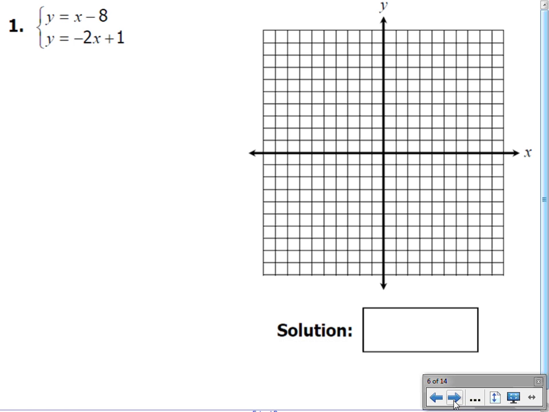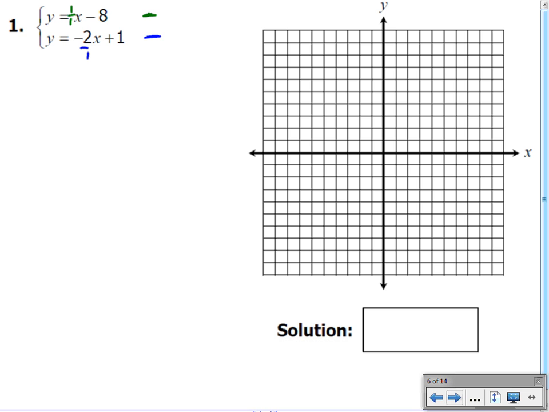All right, we've got two equations, y equals x minus 8 and y equals negative 2x plus 1. So step one, we just said, was to make sure our equations are in slope-intercept form, and both of these are. I can identify the slope and the y-intercept for each of these equations, which is going to help us graph.